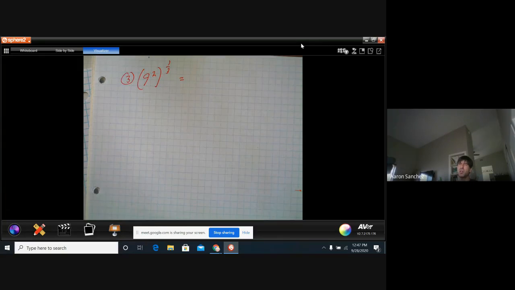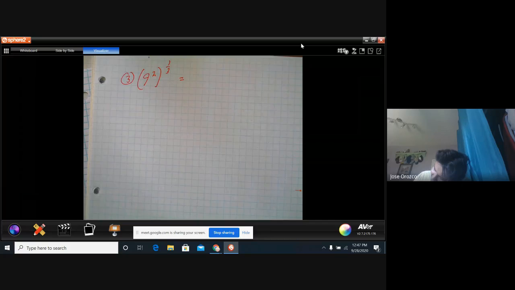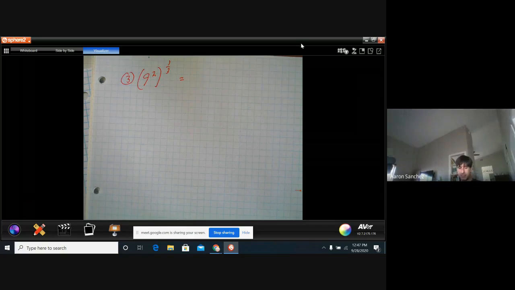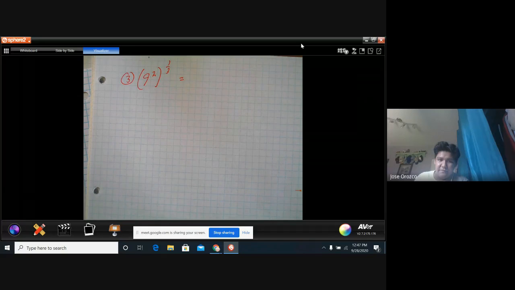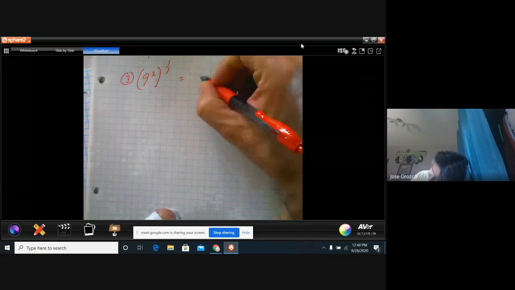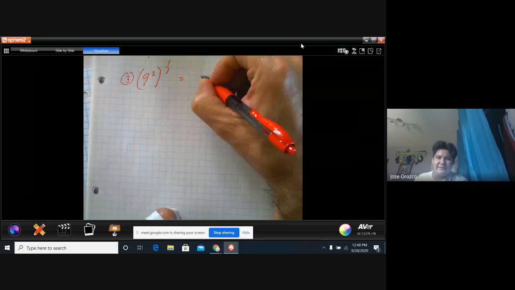Think of a law that you could use. There's more than one way to skin a cat on this one. Well, I guess fraction exponents makes the most sense. You could do that. So what would that be? It would turn into, I guess, a square? Correct?